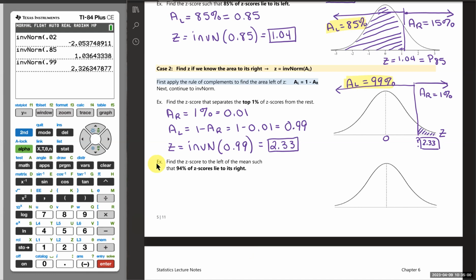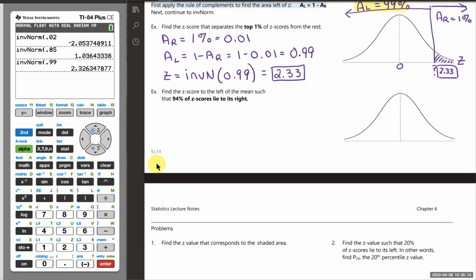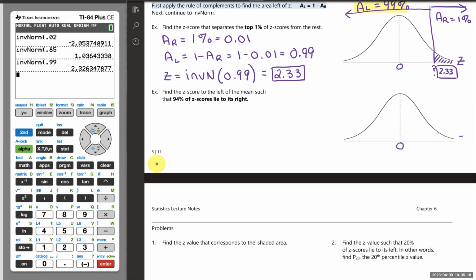Okay. So next one, find the z-score to the left of the mean such that 94% of z-scores lie to its right. All right, so let's put our mean in. So 0 is the mean for z-scores. And they say find the z-score to the left of the mean. So there's going to be a z-score somewhere to the left of center.